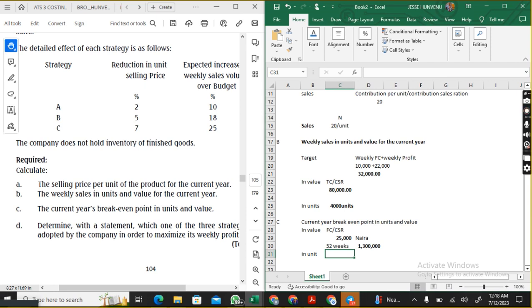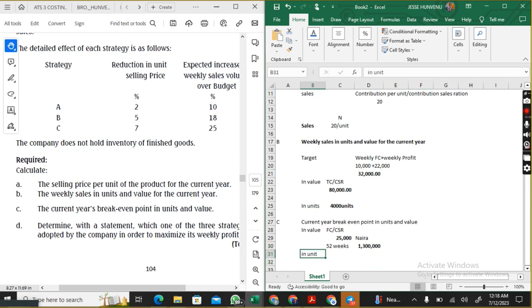Fixed cost divided by contribution per unit.